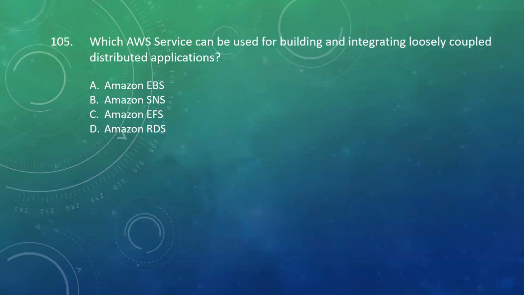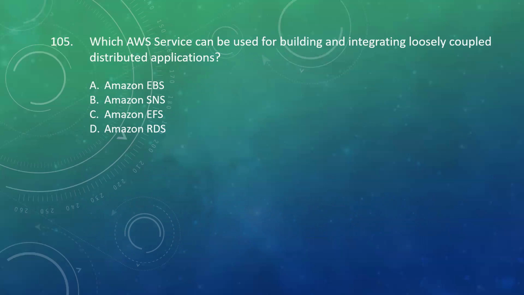Moving on to next question. Which AWS service can be used for building and integrating loosely coupled distributed applications? Your options are A, Amazon EBS, B, Amazon SNS, C, Amazon EFS, D, Amazon RDS.